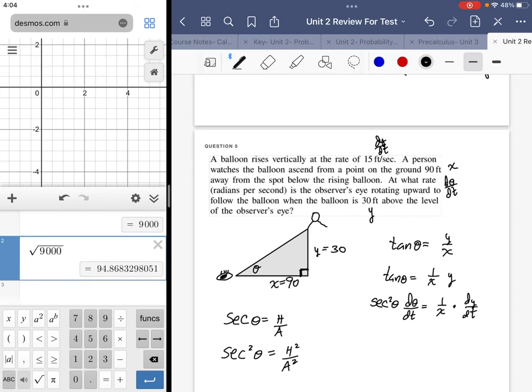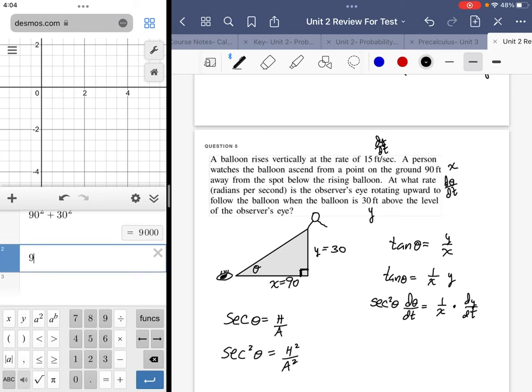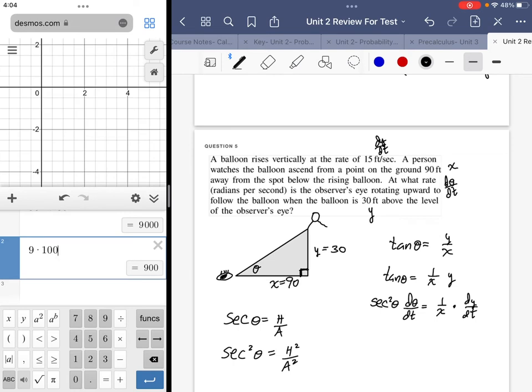It's not going to be clean as a decimal, but we could simplify it, right? Because 90 times 100 is 9,000. But we could also look at it as 9 times 100. Oh, let's do it this way: 9 times 100 times 10.